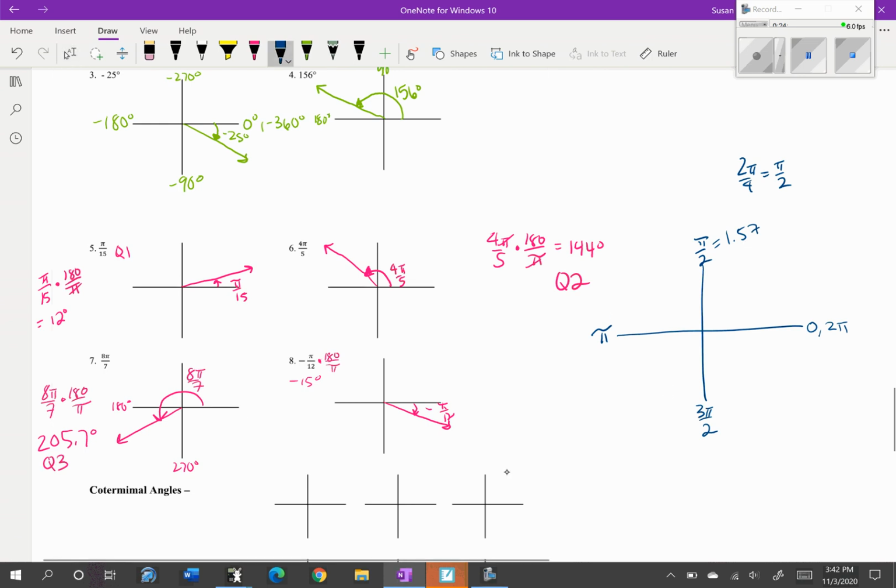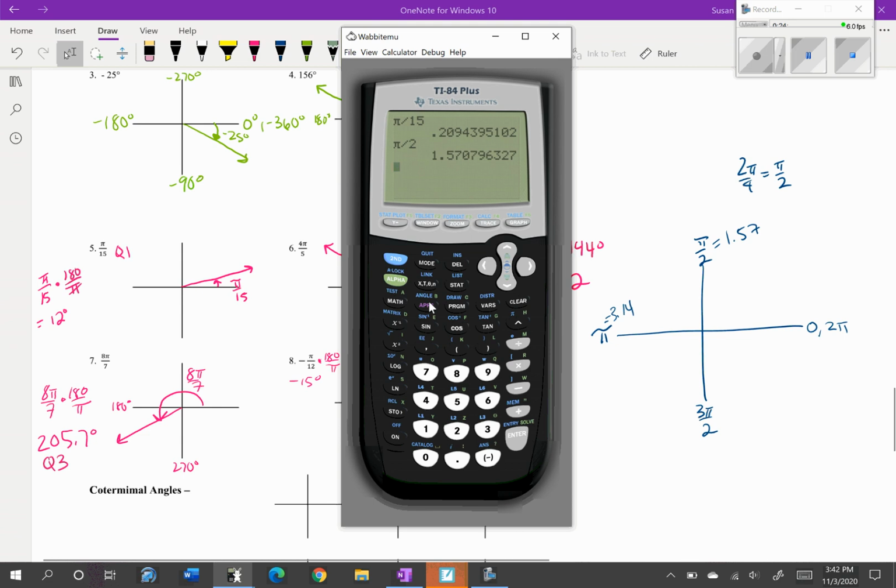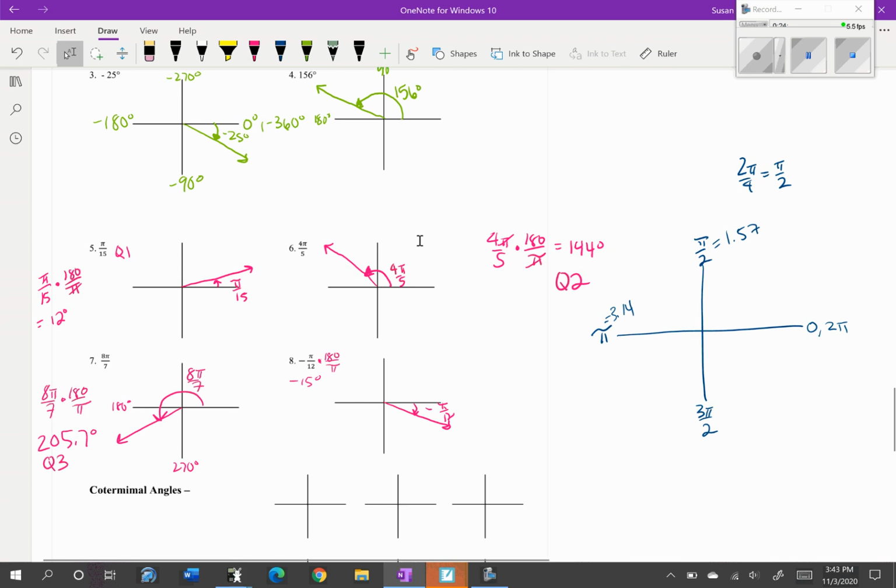Pi we know is about 3.14. So if I look at question number 6, if I do 4 pi and divide that by 5, notice I get 2.51, which tells me I'm in quadrant 2. I just have found over the years it's a lot easier just to have students put it in degrees and go from there, but again, you could also use that as a way to help you.